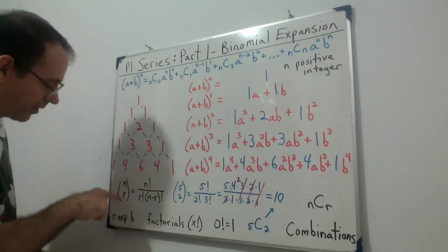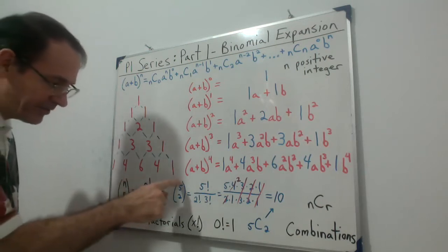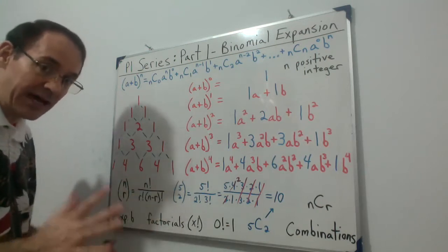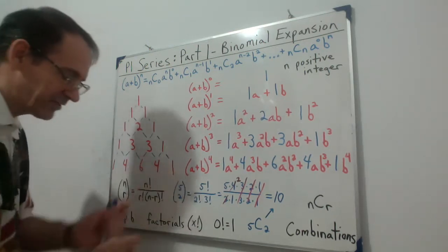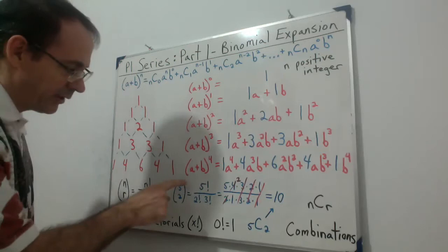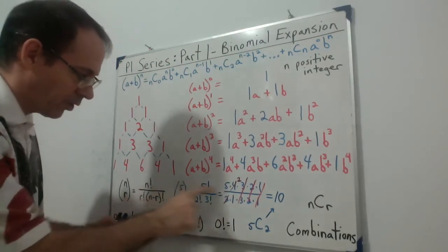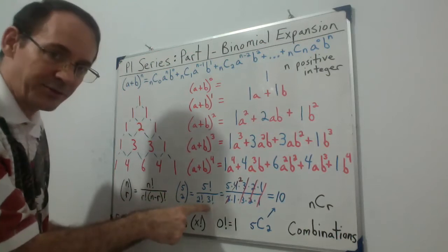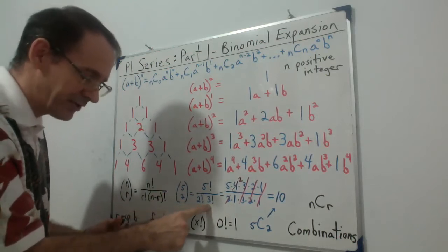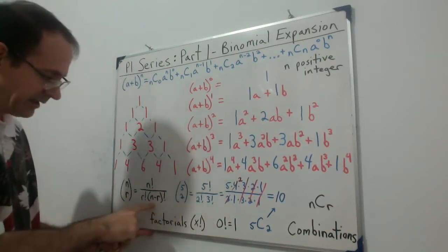So here's an example. If your NR happens to be 5/2, it's not a fraction, it's kind of like a column vector, this Pascal's notation, then you have 5 factorial over 2 factorial, and then 5 minus 2 is 3, so you get 2 factorial times 3 factorial, because of the n minus r.